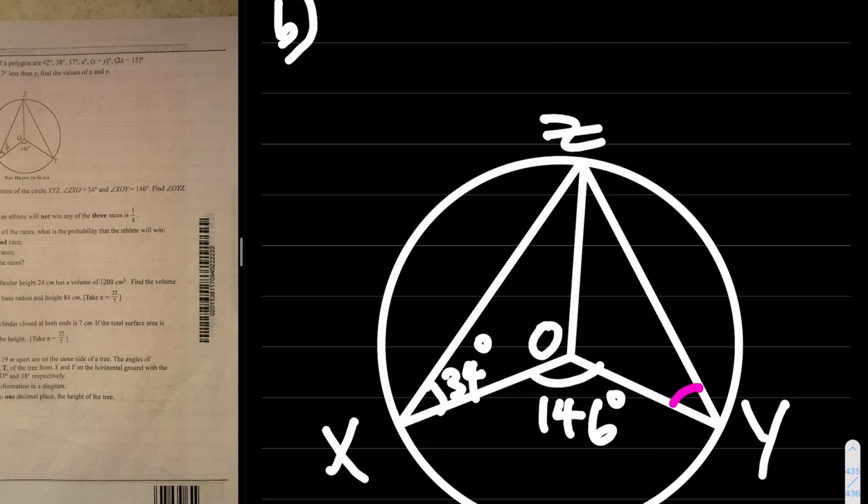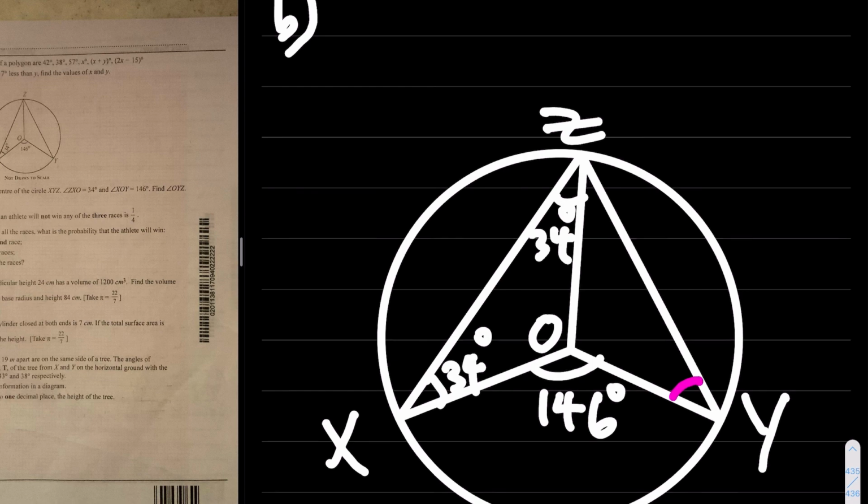First of all, if this is 34, then this will also be 34 degrees, base angles of an isosceles triangle. This is a radius, this is also a radius. So OXZ is an isosceles triangle.